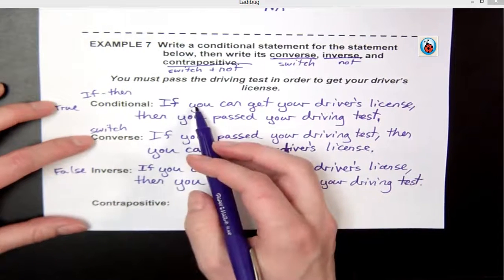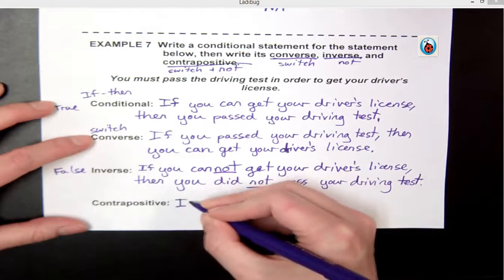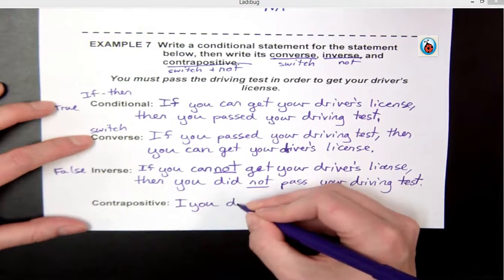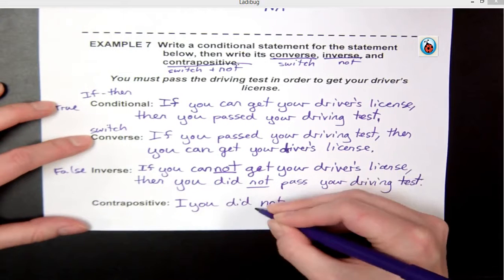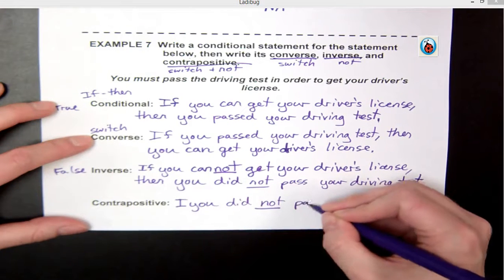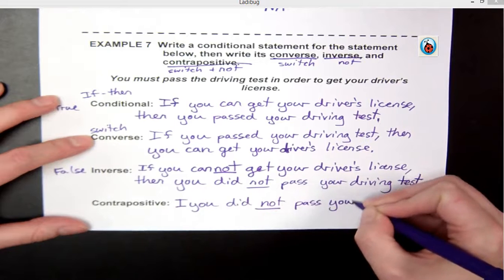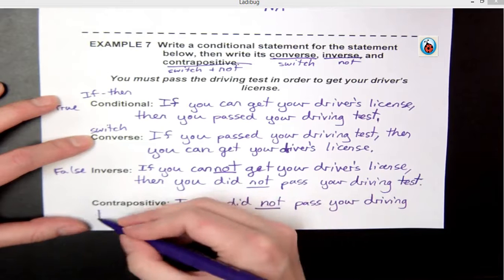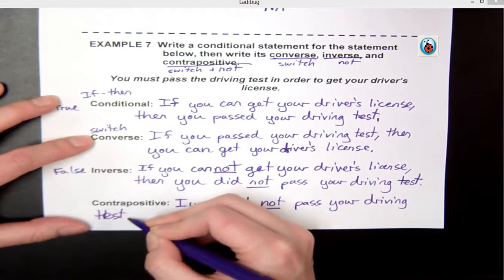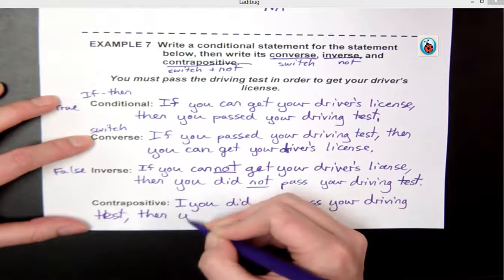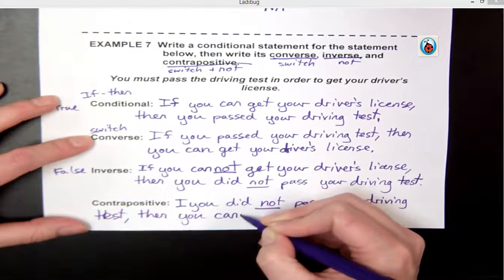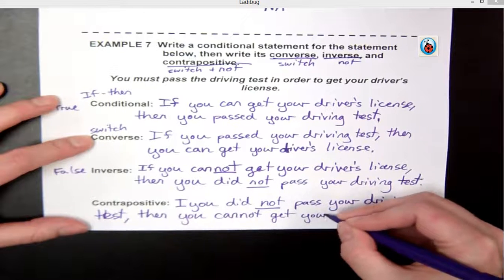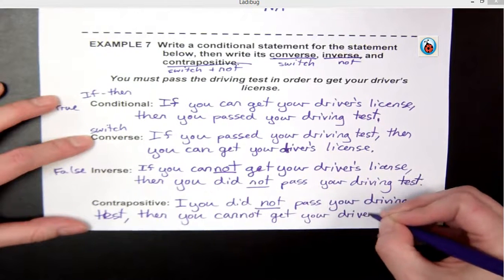So now contrapositive, we go back to the converse. So from the original, we switch it and add not. So if you did not pass your driving test, then you cannot get your driver's license.